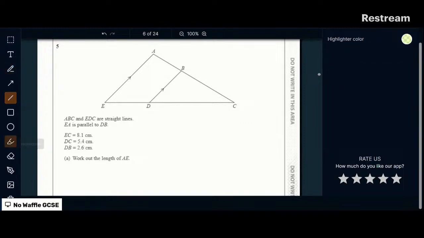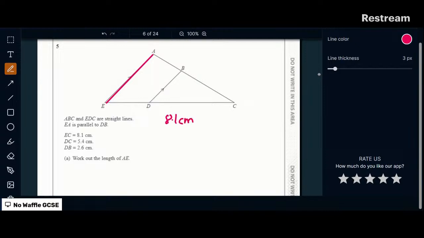Let's highlight it. AE. Okay, we want to work out this length here, AE. And we've got some other lengths. So we've got EC is 8.1 centimeters.